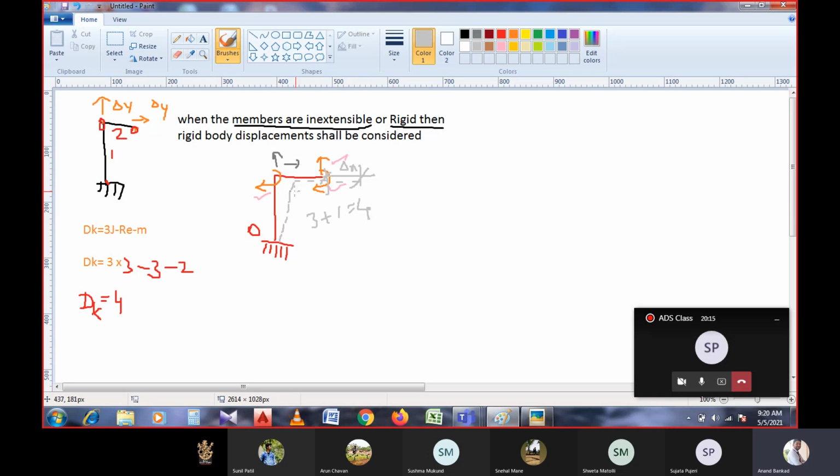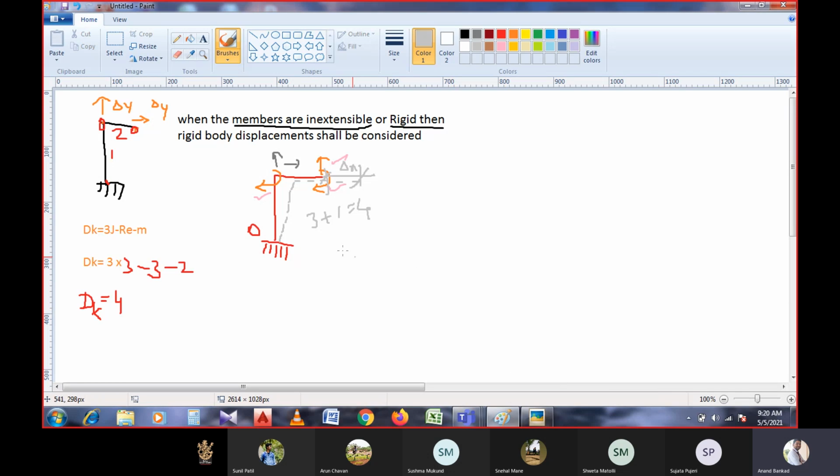This is how the degrees of freedom or kinematic indeterminacy for a rigid member is considered, right? So in this case, we have to do the calculations by referring to the given notations, whether the body is extensible or inextensible, rigid or not rigid, or axially deformed or axially not deformed. Axial deformations are considered or not considered. This is the simple thing that we have to know.